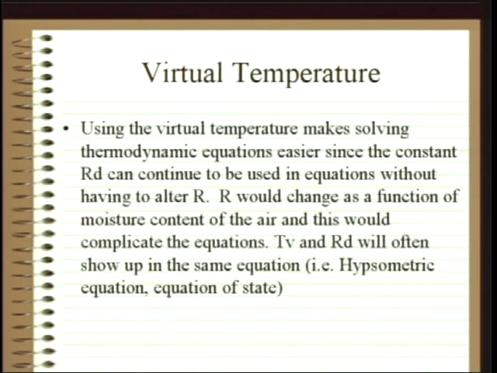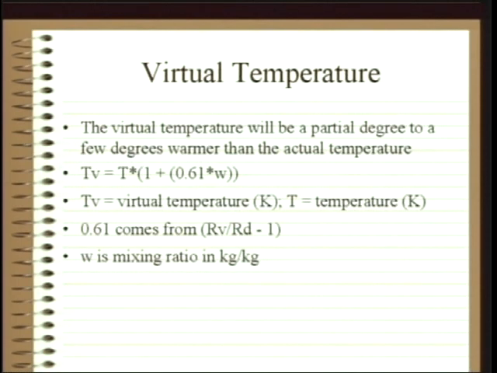So the virtual temperature is going to be a little bit greater than the actual temperature. The virtual temperature will be a partial degree to a few degrees warmer than the actual temperature.